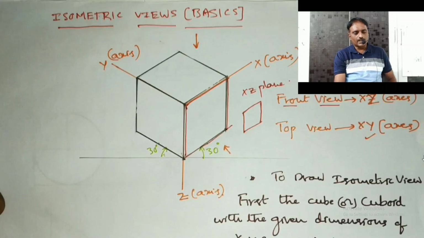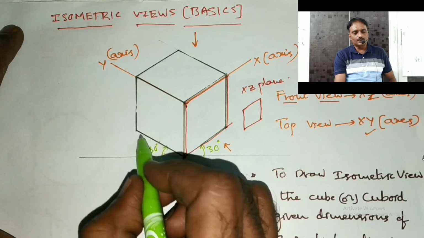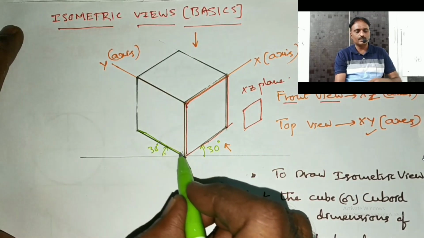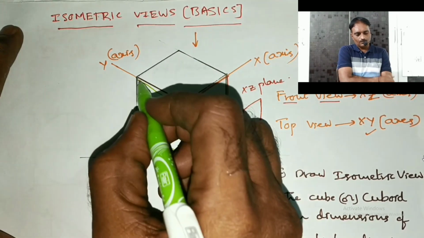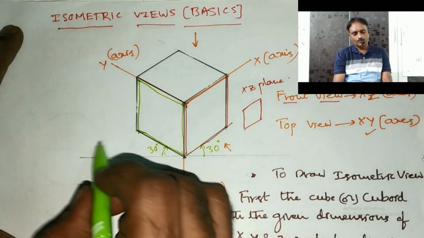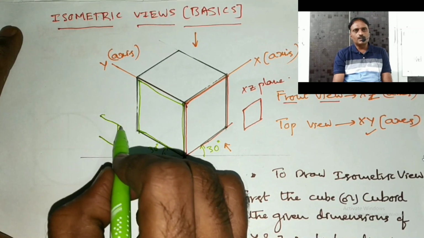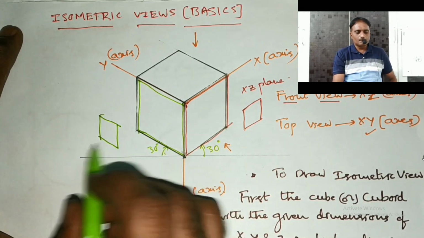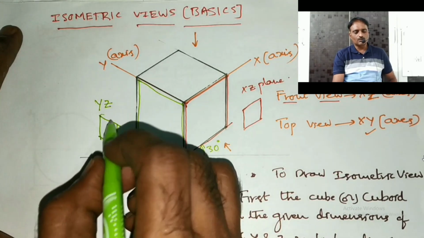Now come to the side view, that would be y and this will be z, so that this plane is considered as the yz plane. The knowledge of these planes is very much important. That would be the side view here.